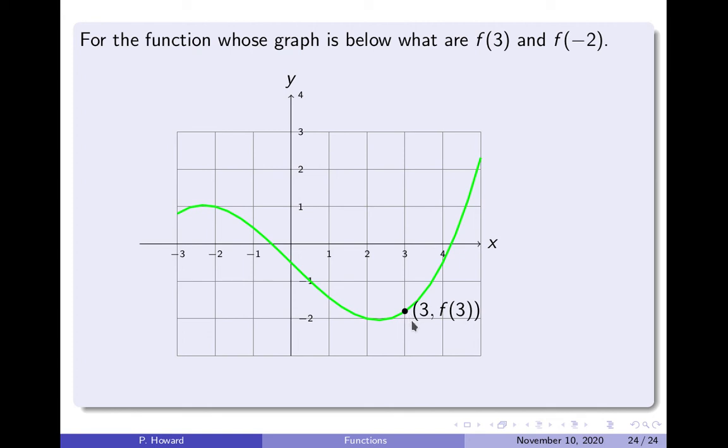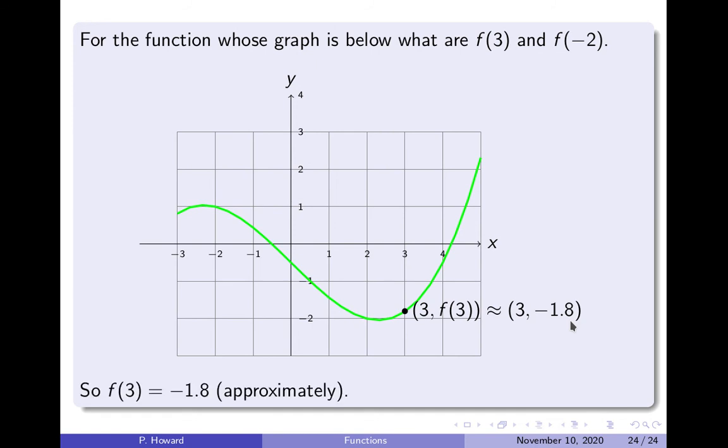So now we get to the approximation part. How far below the x-axis is that point? I am guessing 1.8 units. So the point on the graph directly above or below 3, it's below in this case, is approximately 3, minus 1.8.